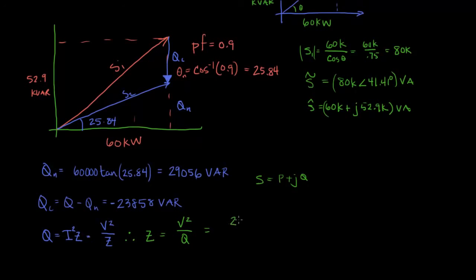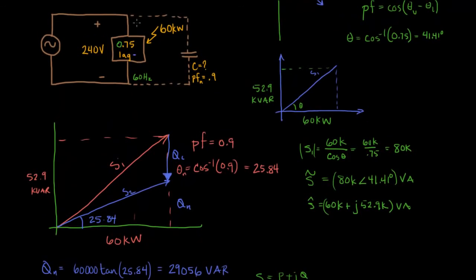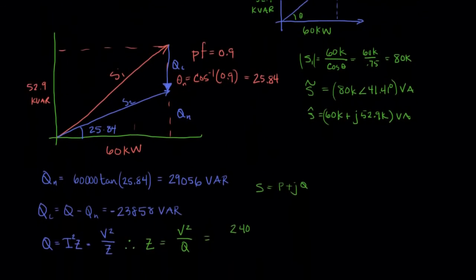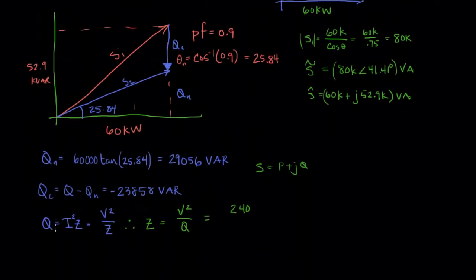So when you do this, 240, where am I getting 240 from? Well, the voltage across the capacitor is 240 volts. That's why I chose to use V squared over Z rather than I squared Z. Okay, so it's 240 squared over Q, which is minus 23858.